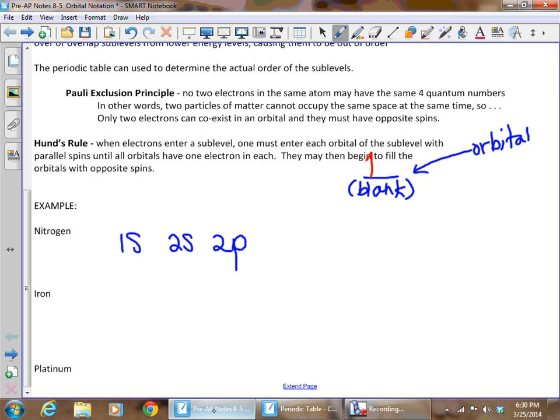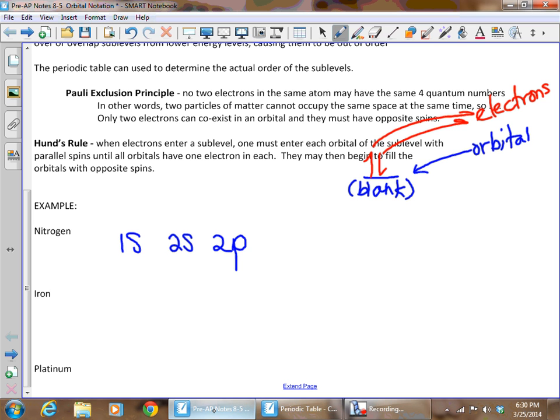We're going to represent those with arrows, and since we have to write a lot of arrows on a couple of these structures, we're going to write these as a half arrow up and a half arrow down to represent that these are electrons spinning in opposite directions. So these are our electrons.